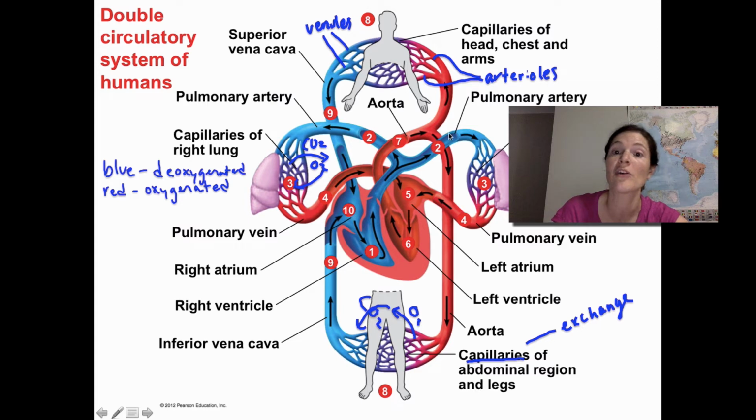So the pulmonary artery is carrying blood away from the heart to the lungs. And coming back to the heart from either loop is a vein. The vessels to and from the body always have these special names. The aorta is the artery going to the body, and the vena cava is the vein coming back from the body.